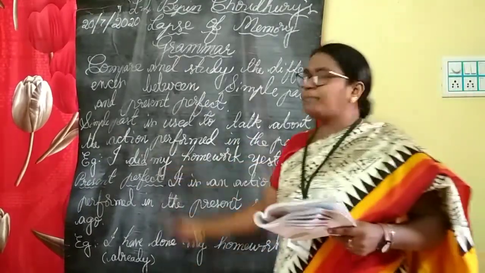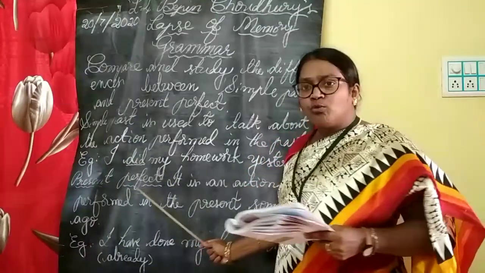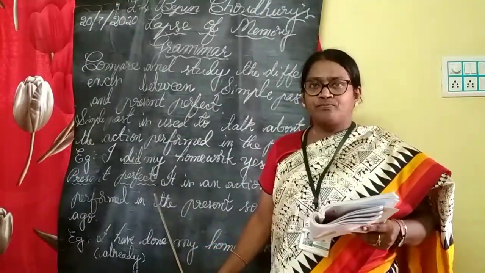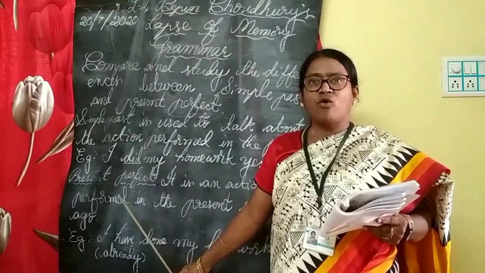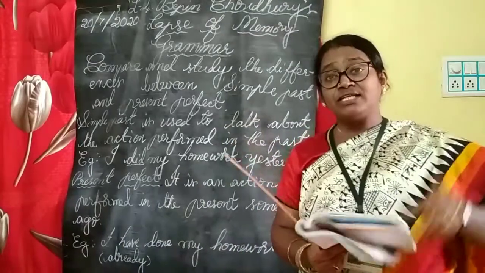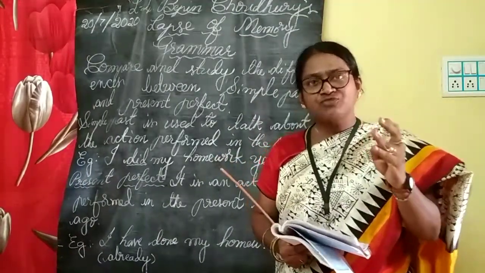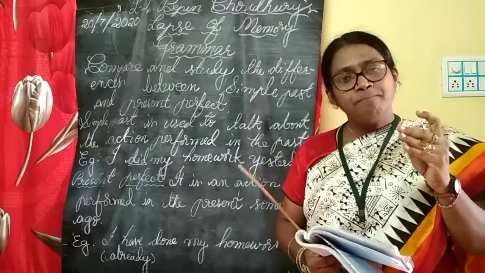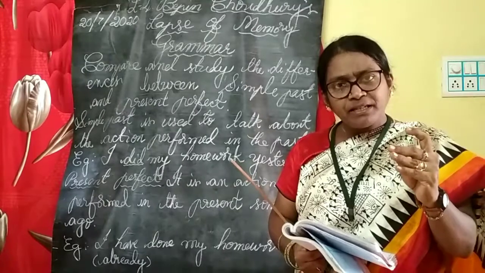When it comes to simple past, what is the structure? Subject plus V2 plus object. What does it mean by V1, V2, V3, V4 and V5? V1 is the base form or the present form. V2 is the past form. V3 is the past participle.